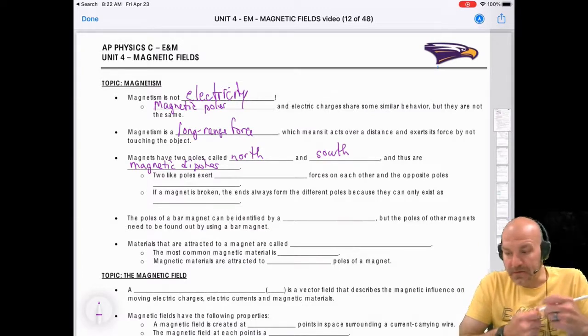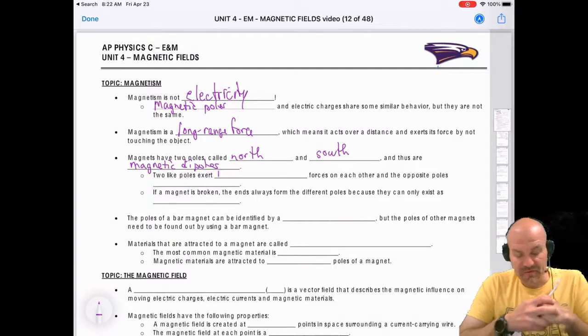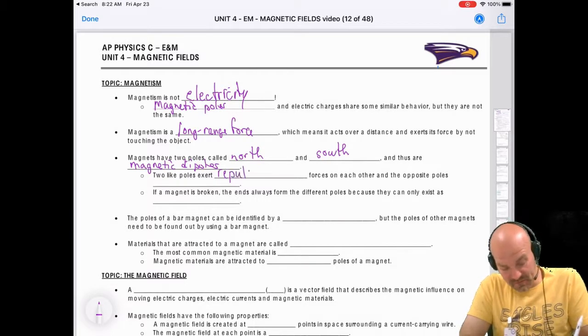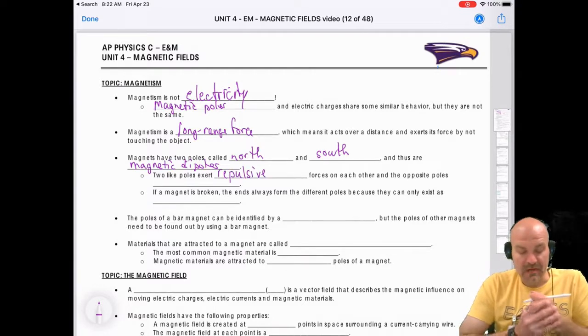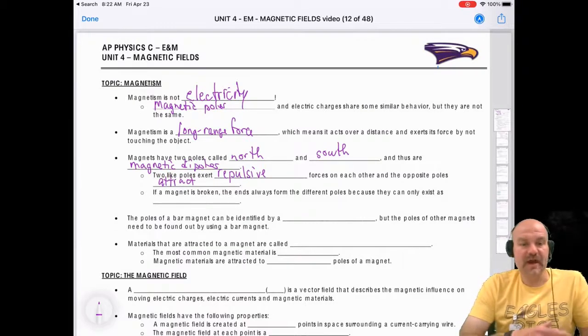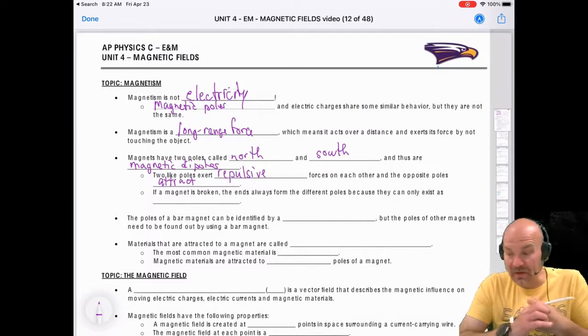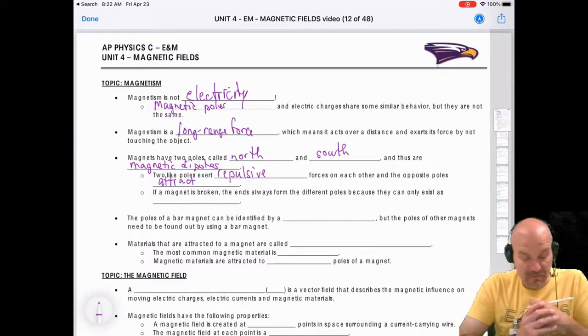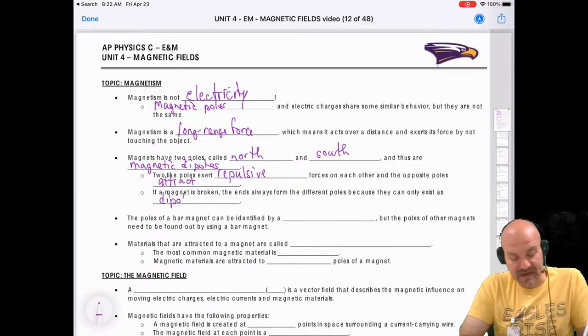Okay, so the two like poles exert repulsive forces on each other, and the opposite poles attract, right? Just like we talked about with electricity, opposites attract, likes repel. So if a magnet is broken, the ends will always form different poles because they can only exist as dipoles, right?